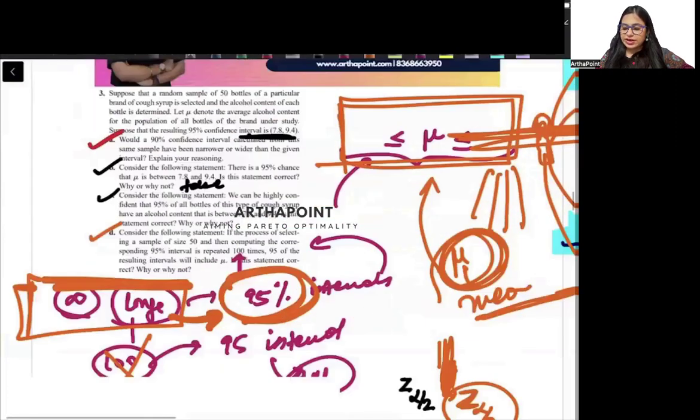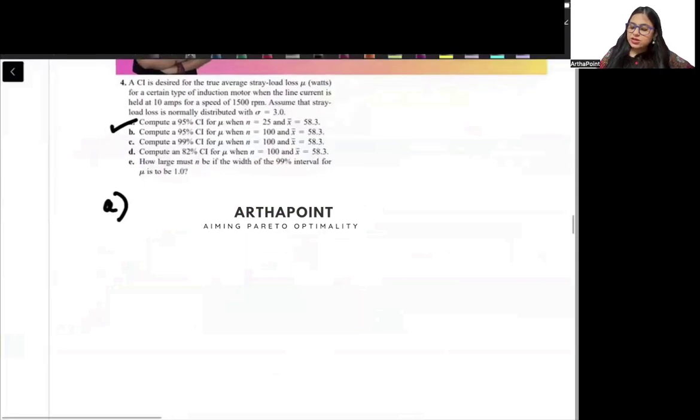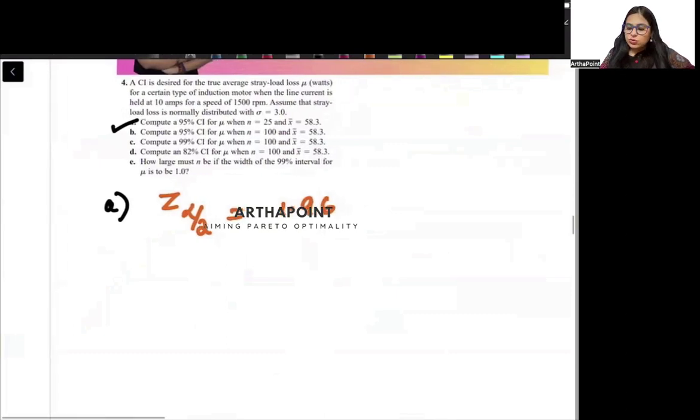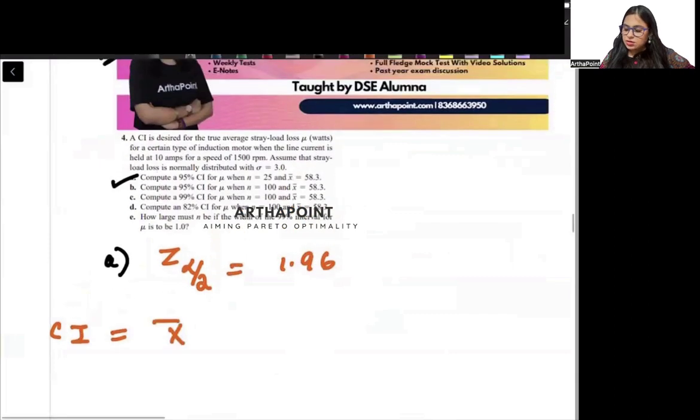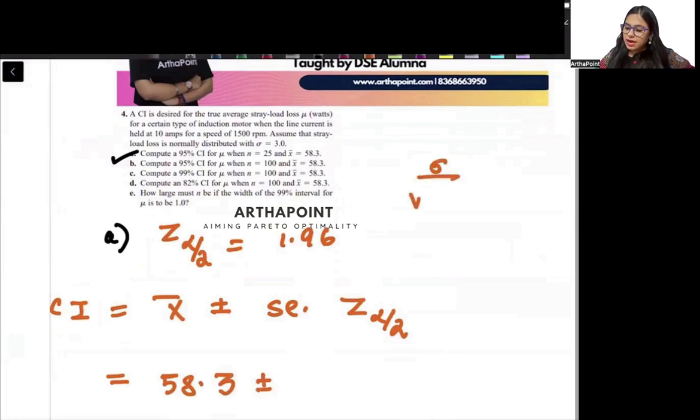So I have understood that my Z alpha by 2 is 1.96. Now I'm going to calculate my confidence interval, which is X bar plus minus standard error into Z alpha by 2. My mean value is 58.3 plus minus standard error, which is sigma by root n.